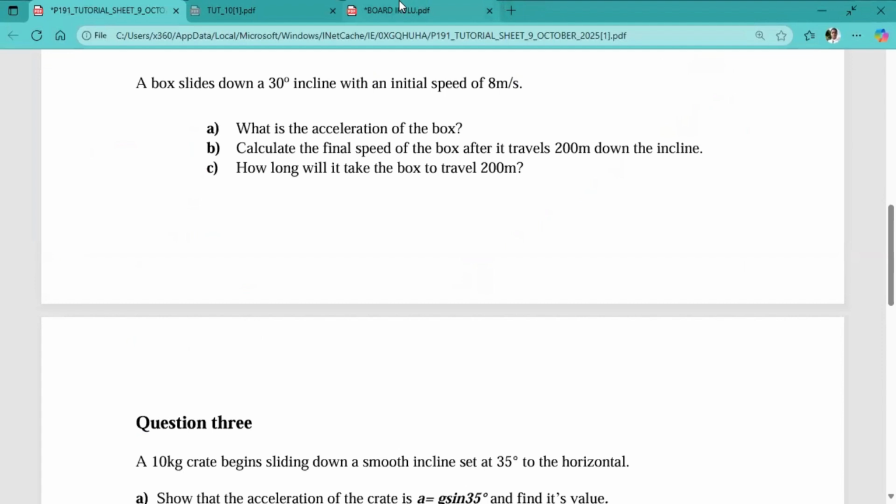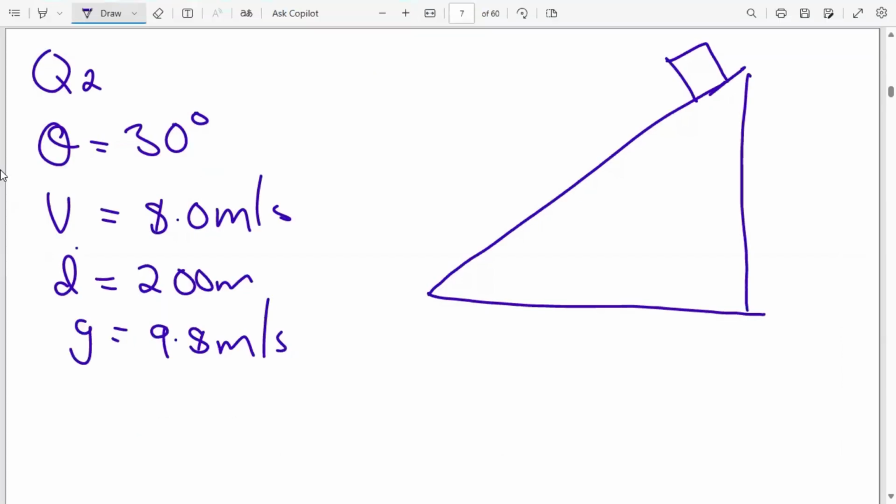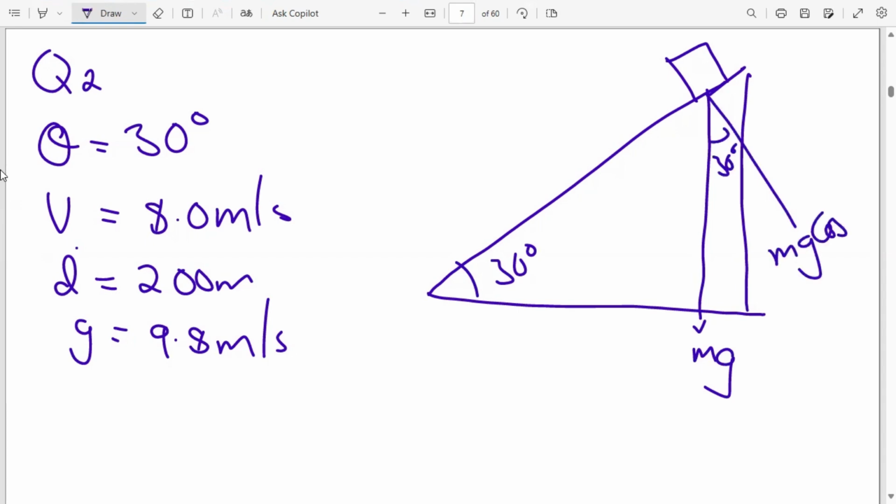The forces acting on this block are gravity, causing weight mg, with theta being 30 degrees. We have the component of the weight perpendicular to the incline, mg cos theta. These are the only forces, since they haven't talked about any external force being applied.